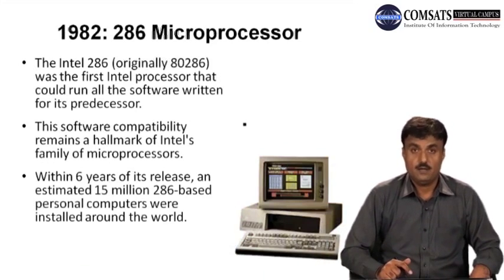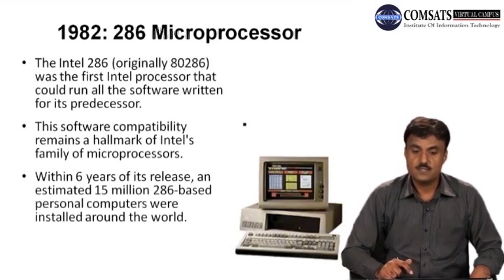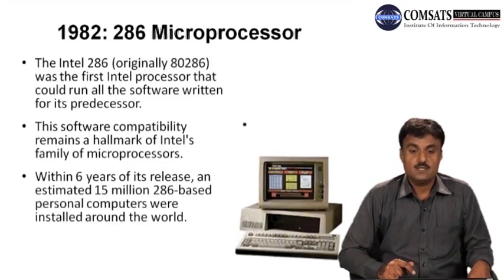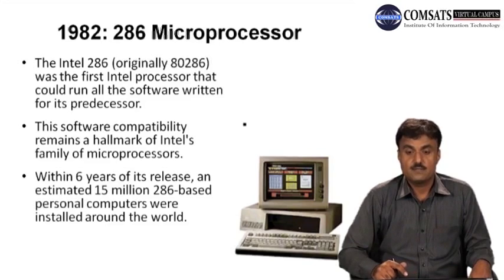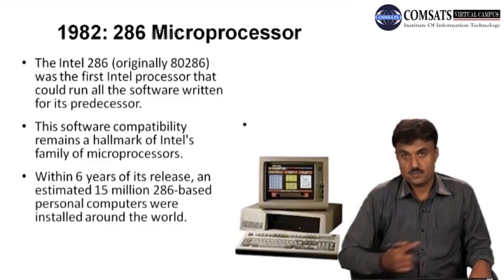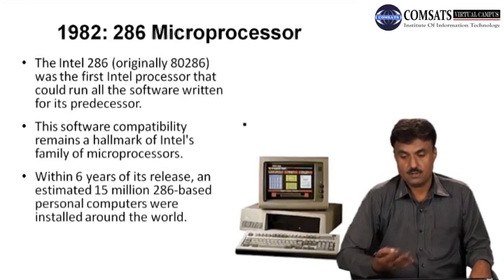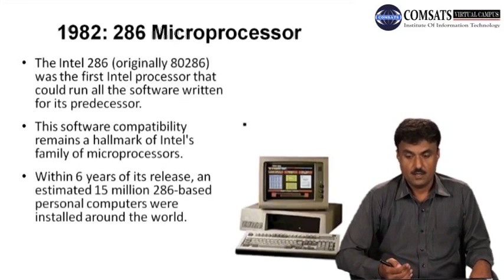The 286, we mostly know, was produced by Intel in 1982. Actually, the Intel 286 was the first Intel microprocessor that could run all the software written for its predecessors. So whatever software ran on the previous microprocessors can also run on this 286.